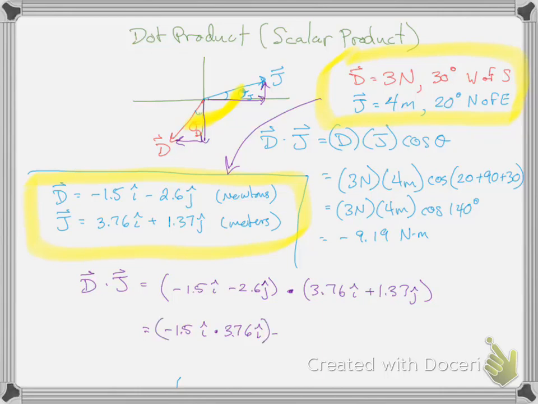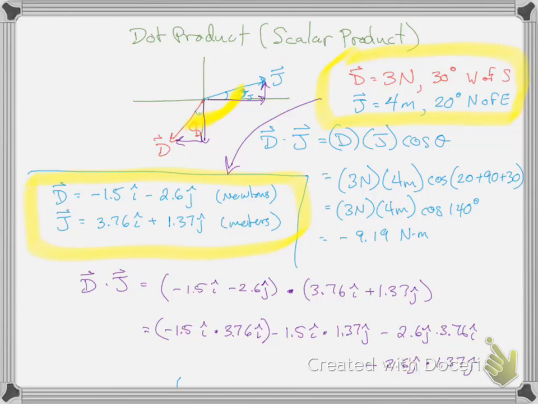minus 1.5i dotted with 1.37j, that's outside. Inside, minus 2.6j dotted with 3.76i, and I didn't leave myself space for last, minus 2.6j dotted with 1.37j.